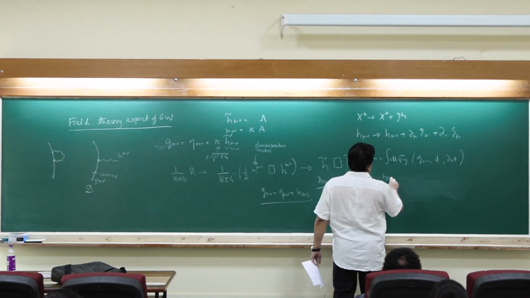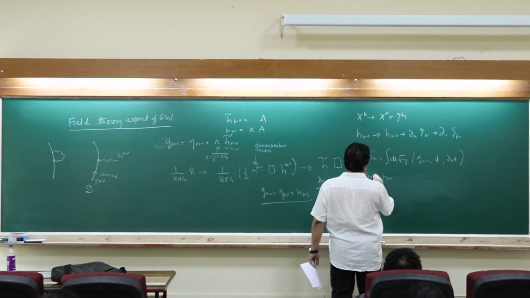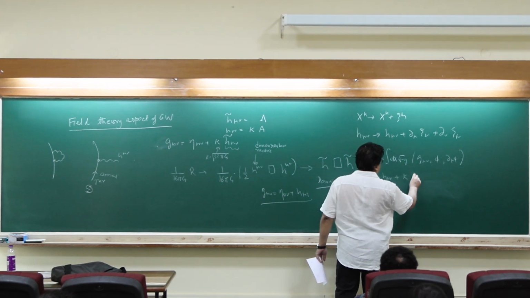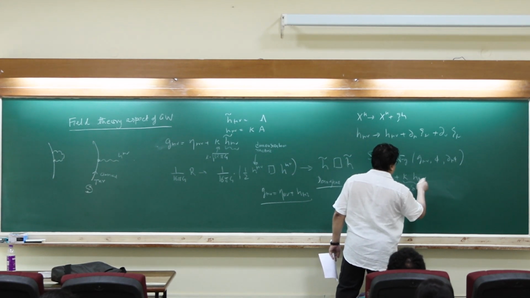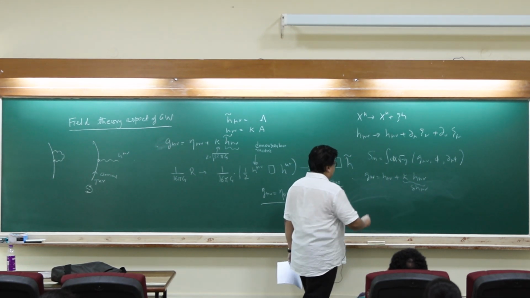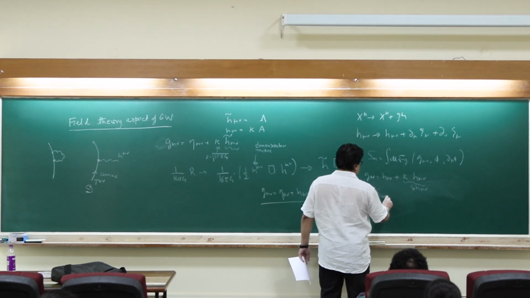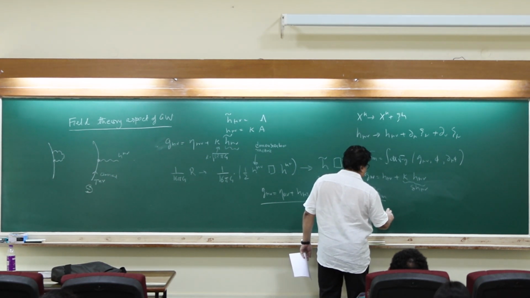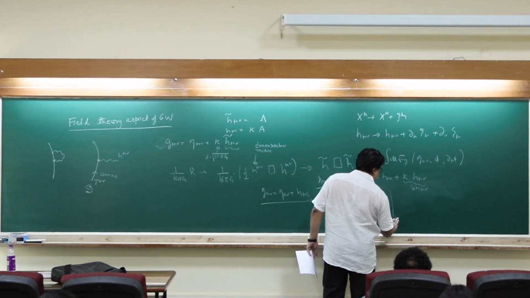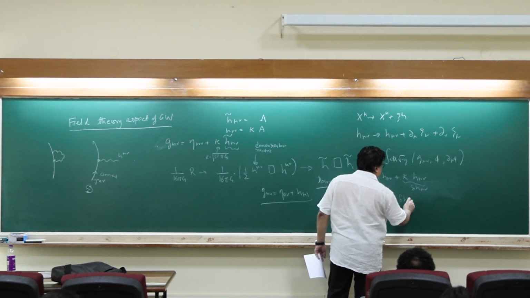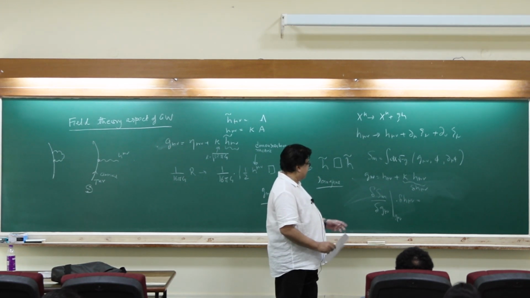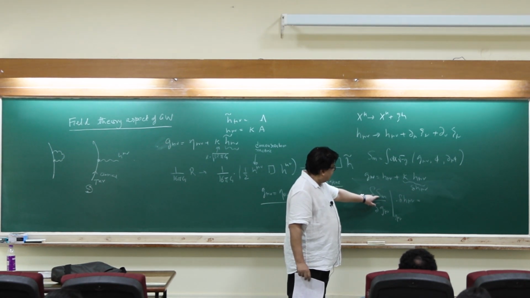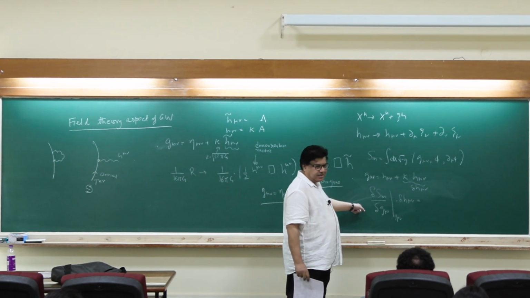expand G mu nu in kappa h mu nu. So this is your delta h mu nu, kappa. So what you do is you do, okay, and we already know that the functional derivative of the action is just the stress tensor.